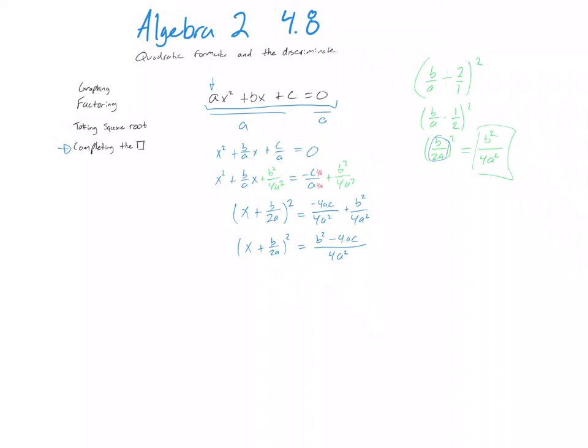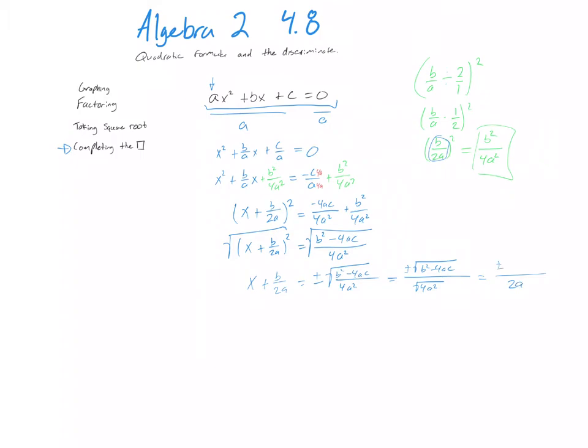Now, whenever I take the square root of both sides, I'm going to end up with x plus b over 2a is equal to, remember to add in the plus or minus, the square root of b squared minus 4ac over 4a squared. Now I can put the plus or minus up top, the square root of b squared minus 4ac over the square root of 4a squared, which leaves the denominator to just be 2a.